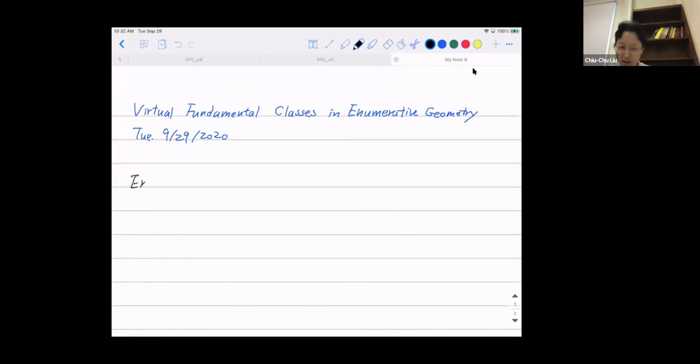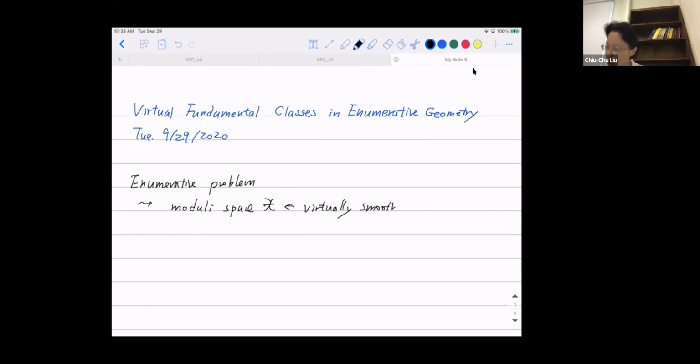We have an enumerative problem, and this gives rise to some moduli spaces called curly X. In all the examples that we have seen, this is a virtually smooth Deligne-Mumford stack. So it is usually not actually smooth, but just virtually smooth.